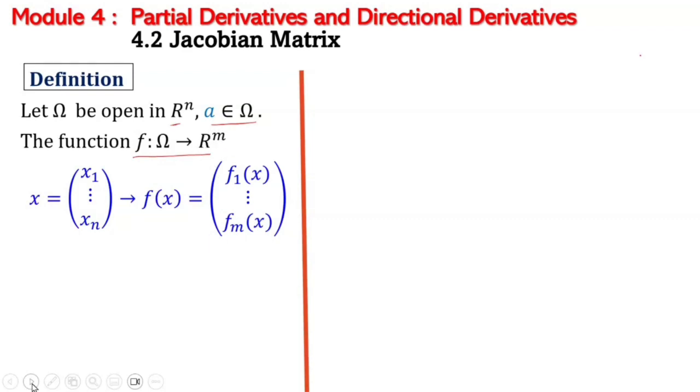So therefore we have such functions partially differentiable at the point A. So this function f should be partially differentiable at the point A, means all the first order partial derivatives should exist.